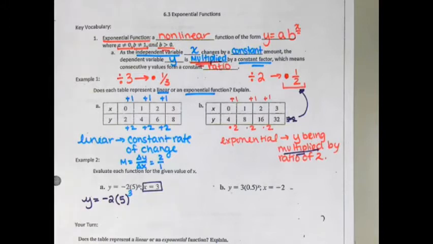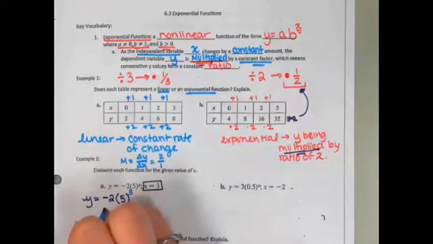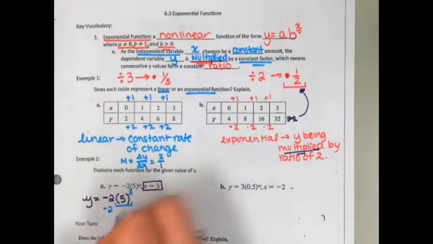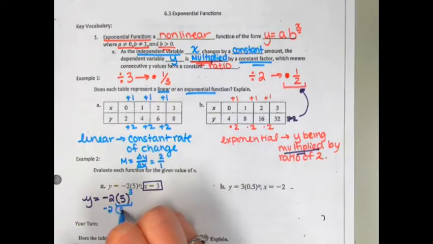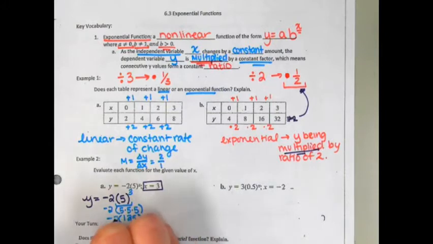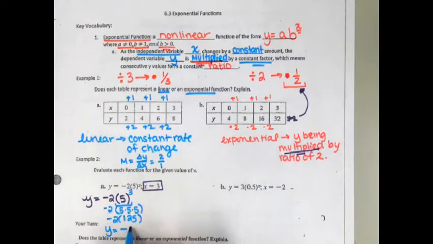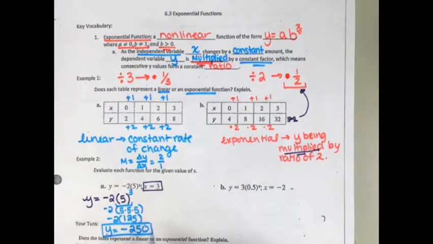My exponent. So what is 5 cubed? What's 5 times 5 times 5? 125, right? And 125 times -2 is -250. Okay. Evaluate. Plug in, solve.